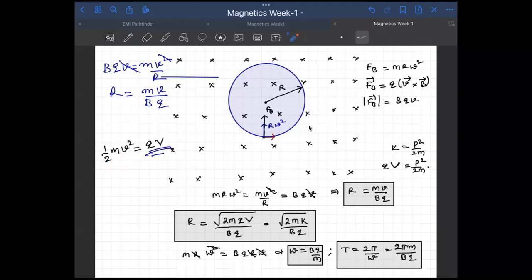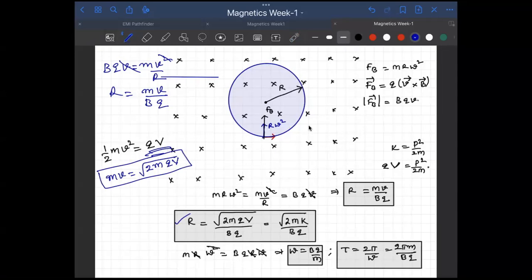So therefore, you can write m v square as 2qV, or from this I can write mv as root 2 m qV. This is the momentum. So that is the reason why, in another terminology, you can write r as root 2 m qV by BQ also.